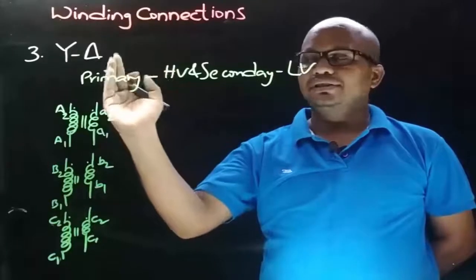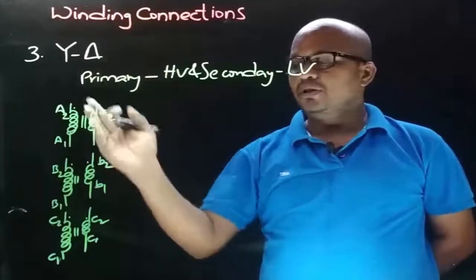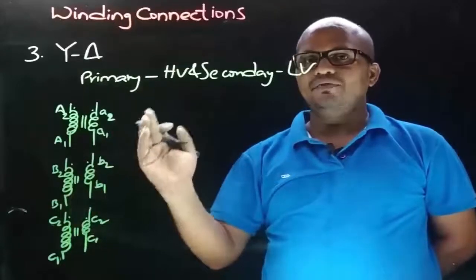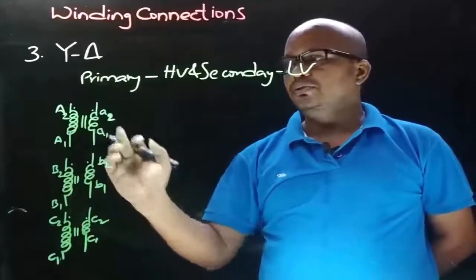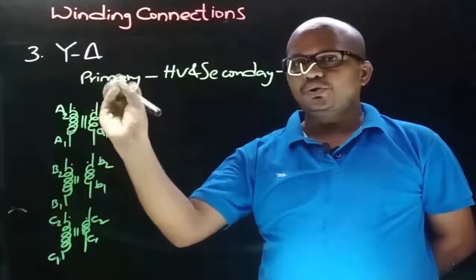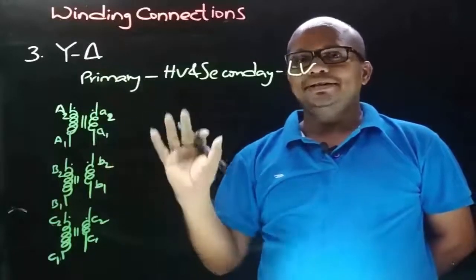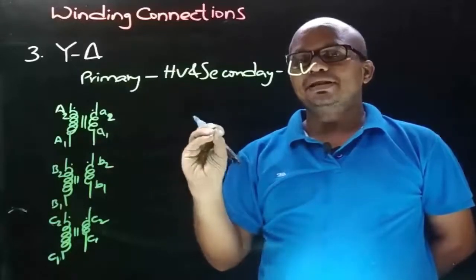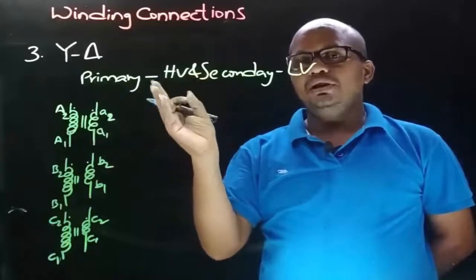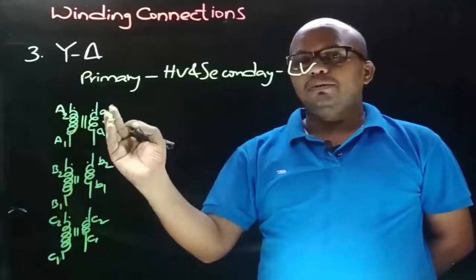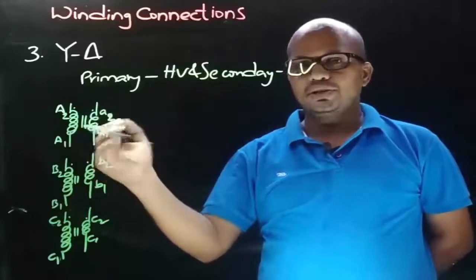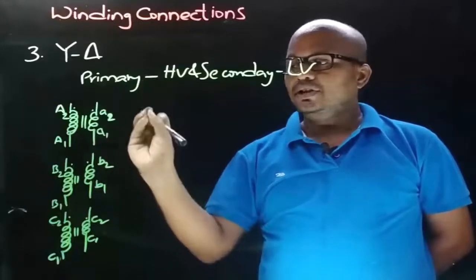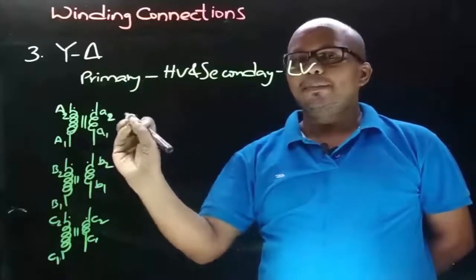As now we are considering the star delta connection, means on primary side the windings are connected in star and on secondary side windings are connected in delta. So first let's obtain the star connection on primary side. To obtain the star connection on primary side, we must join the common end terminals and take the connections on other ends. Here the common ends could be dot ends or could be non-dot ends. So here let's consider the non-dot ends as the common end terminals.